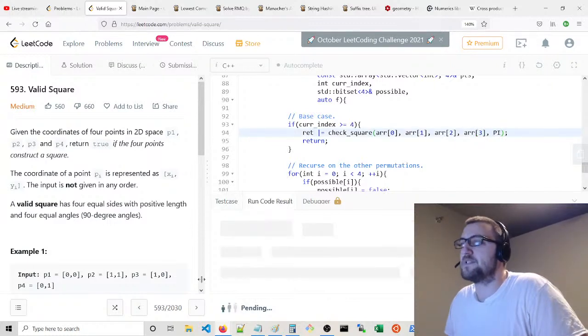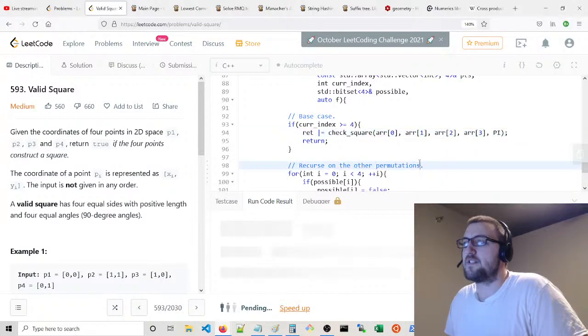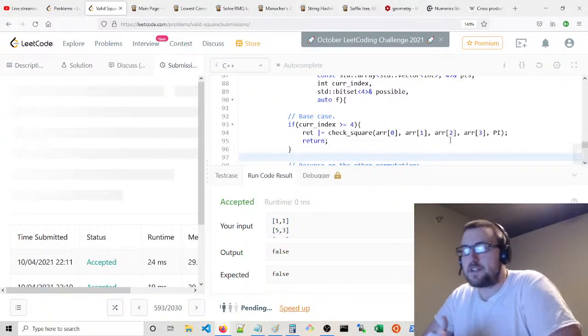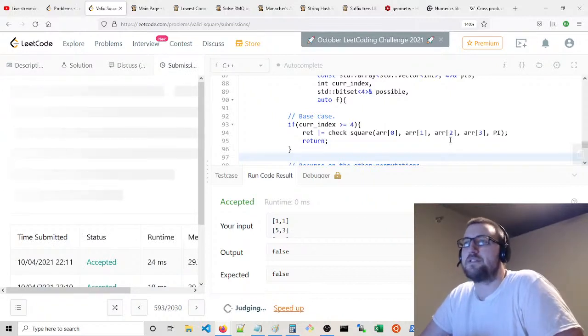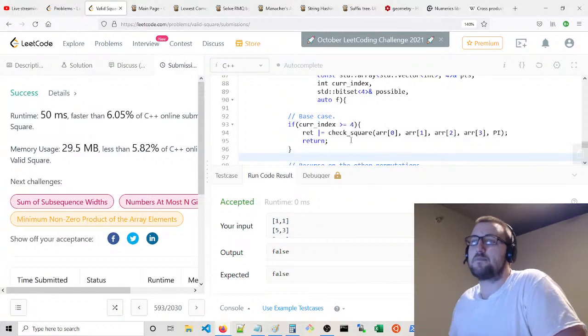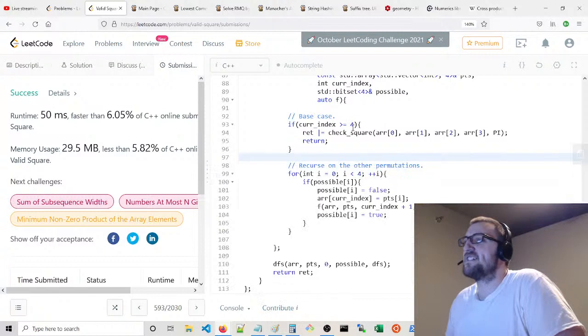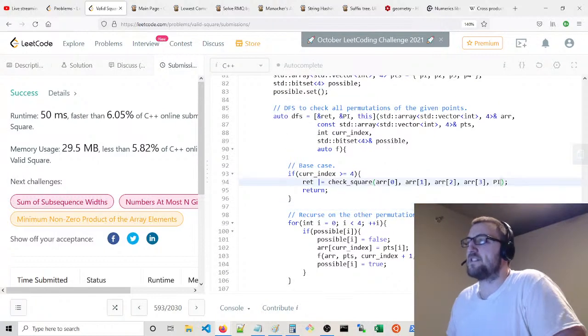Let's see what happens if we do this. I'm curious. Is that any faster? Probably not much. It's actually really slow. Slower. That's interesting. Wasn't expecting that.